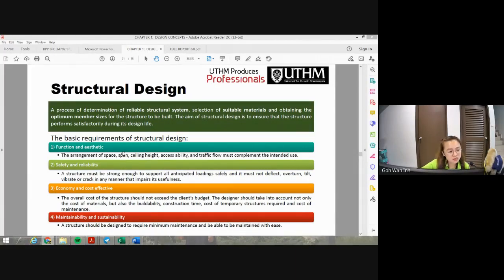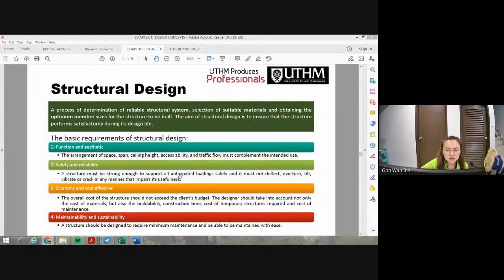You need to design, and then we need to calculate it to make sure it is safe and reliable. A structure must be strong enough to support all anticipated loading safely, and it must not deflect, overturn, tilt, vibrate, or crack in any manner that impairs its usefulness.